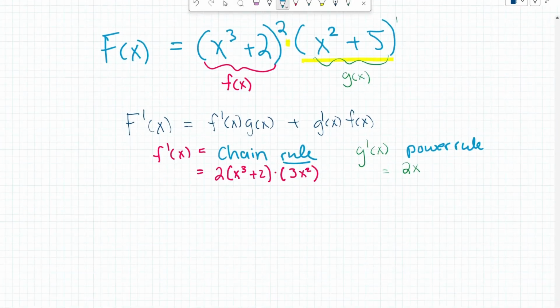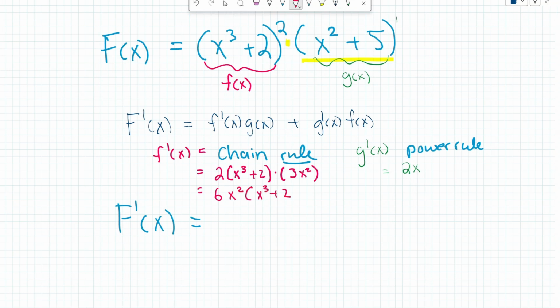Okay, let's just plug everything into our equation. So our f prime equals, what do we have here? We can simplify this together, so we have 6x squared times x cubed plus 2.